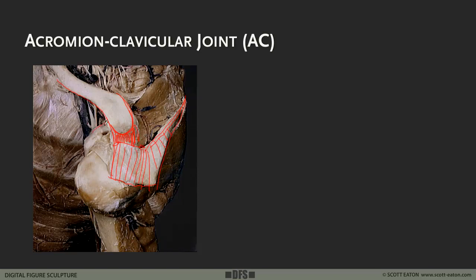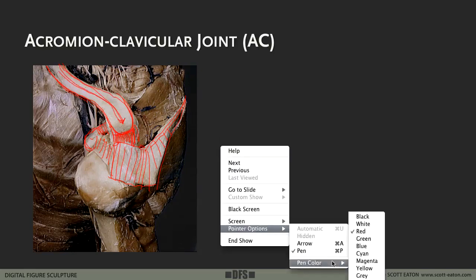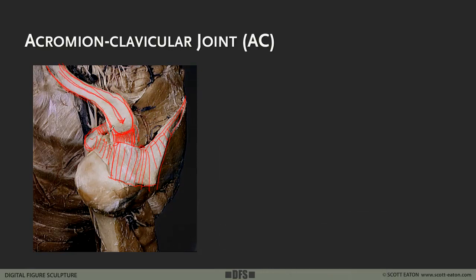And then you can see the other ligaments that I've just talked about going down to the coracoid process. So remember this gesture, this round S shape coming out to here. This stops. I'll just change colors really quick. Clavicle stops, joins on to this rectangular shape of the acromion.